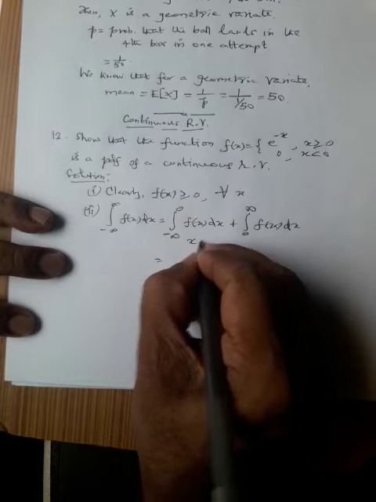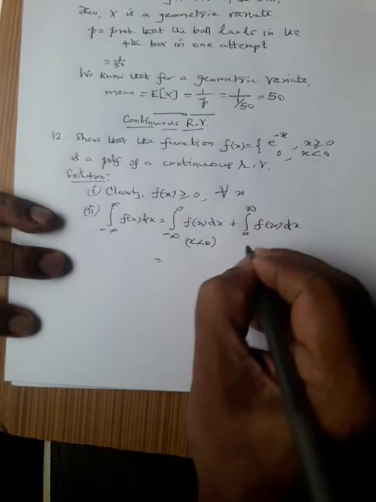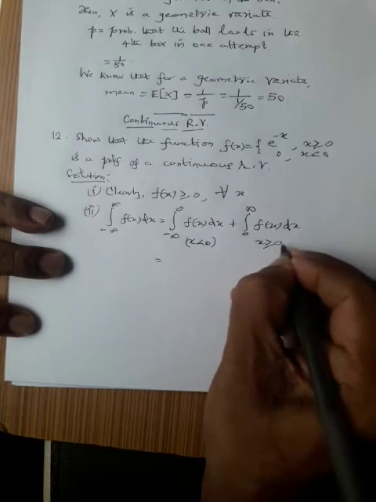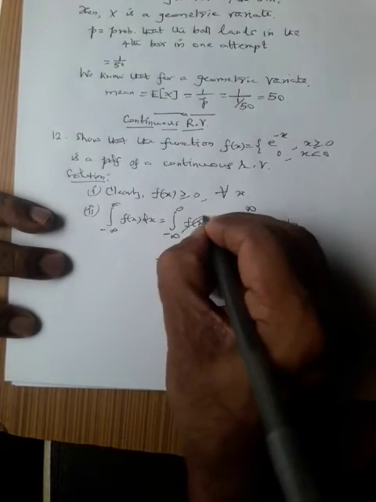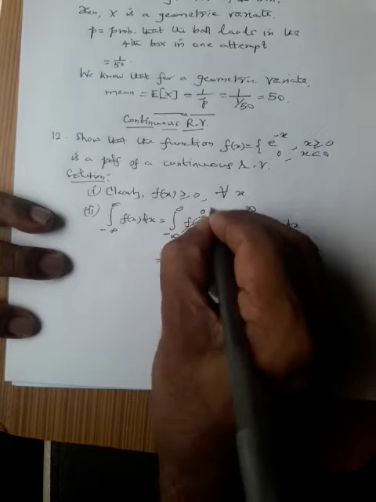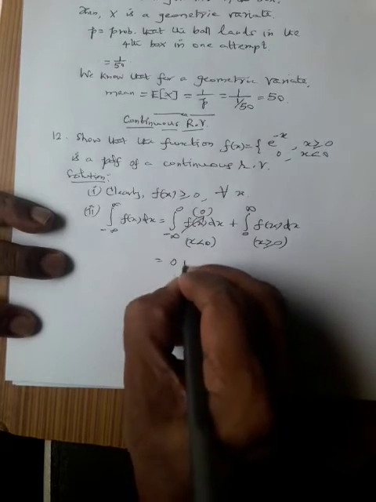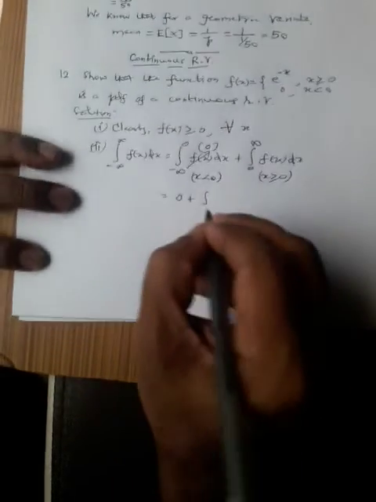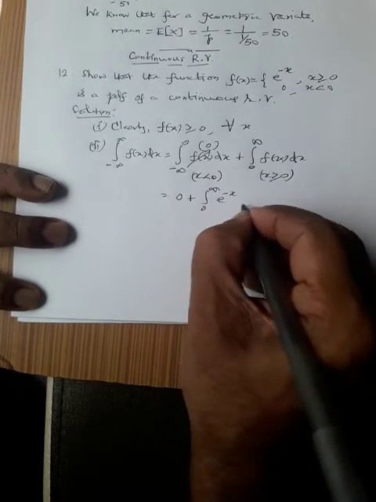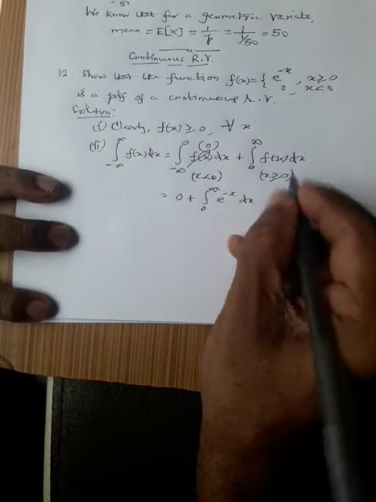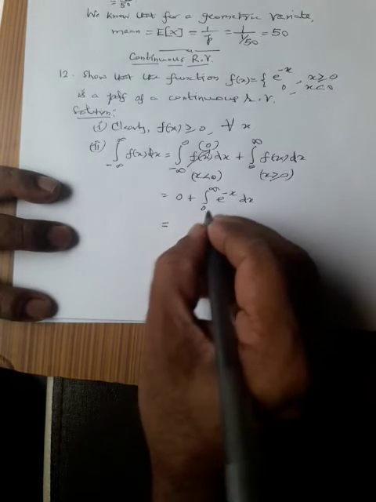In the first, the value of x is less than 0. In the second, x is greater than or equal to 0. For x less than 0, f of x is equal to 0, so the first integral is 0. The second integral is from 0 to infinity of e power minus x dx, since for x greater than or equal to 0, f of x is e power minus x.